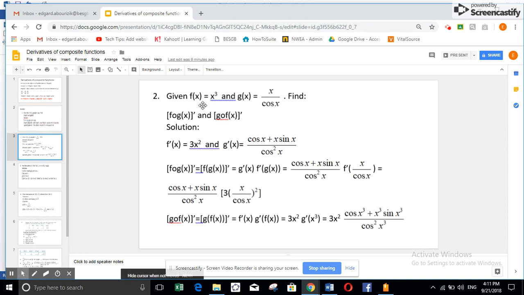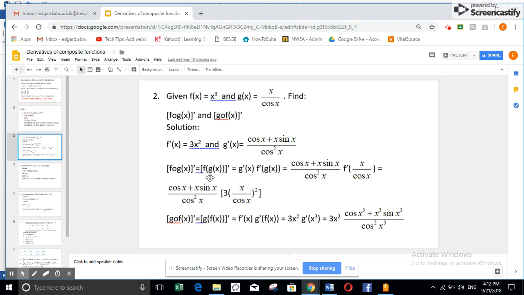Another example, same story. First of all, I do the derivative of x cubed, 3x squared. I do the derivative of this one, u prime v minus v prime u over v squared. Derivative of x is 1 times cosine x minus derivative of cosine is minus sine, so minus and minus plus, times x, over denominator squared. So I want to do f of g of x prime.